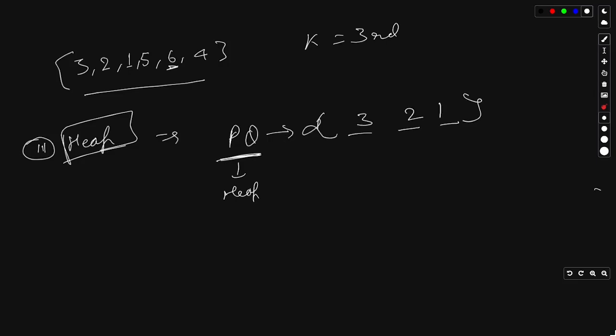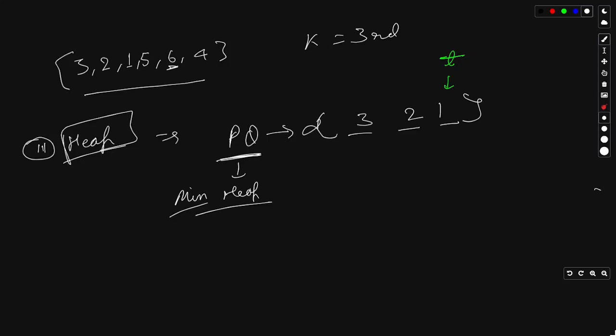We will be taking a min heap, right? We'll be using a min heap in this problem. That means the top of the min heap always contains your minimum value. So this can be our top element within the min heap.